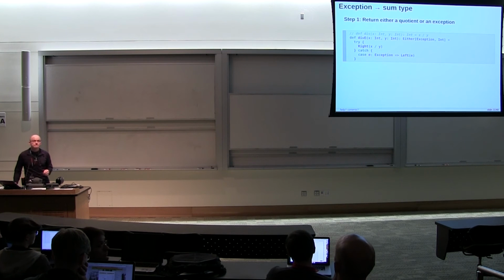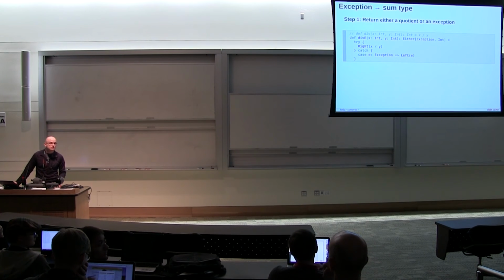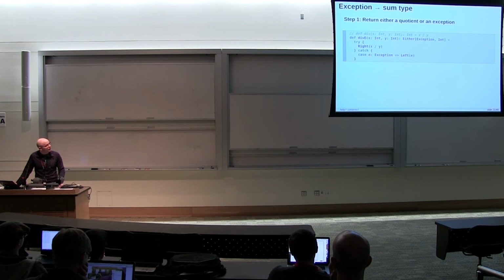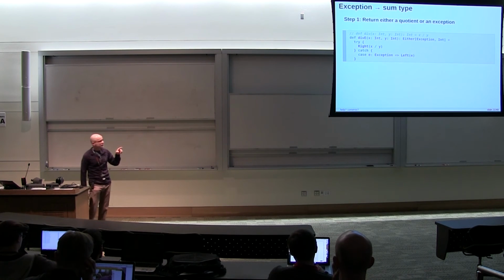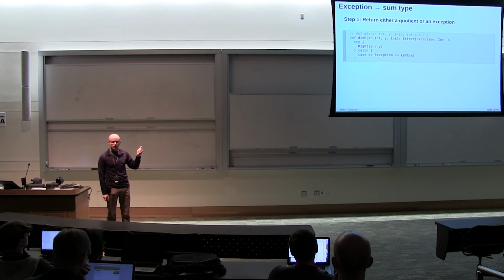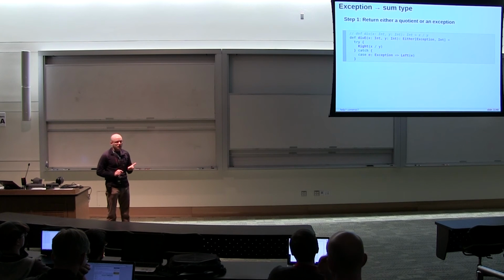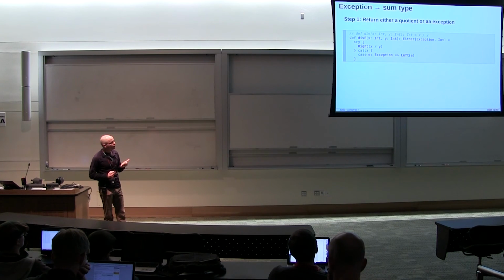In that case, wouldn't you just want to use a Try? Yeah, Scala has Try. I haven't used Try a lot, but I think you would declare it as def div returns Try of int. Yeah, so I think if I understand Try correctly, it's this specific case of Either where it will be a value or an exception. Right. Yeah, exactly.